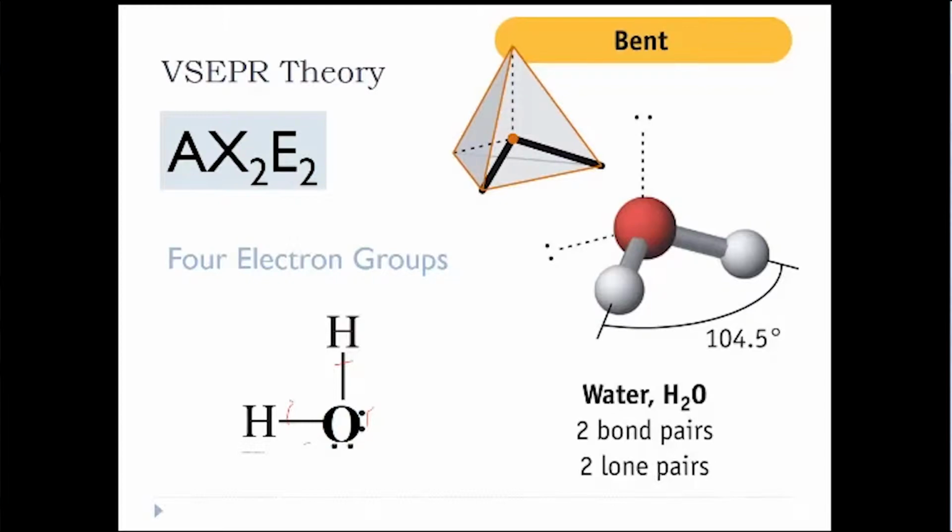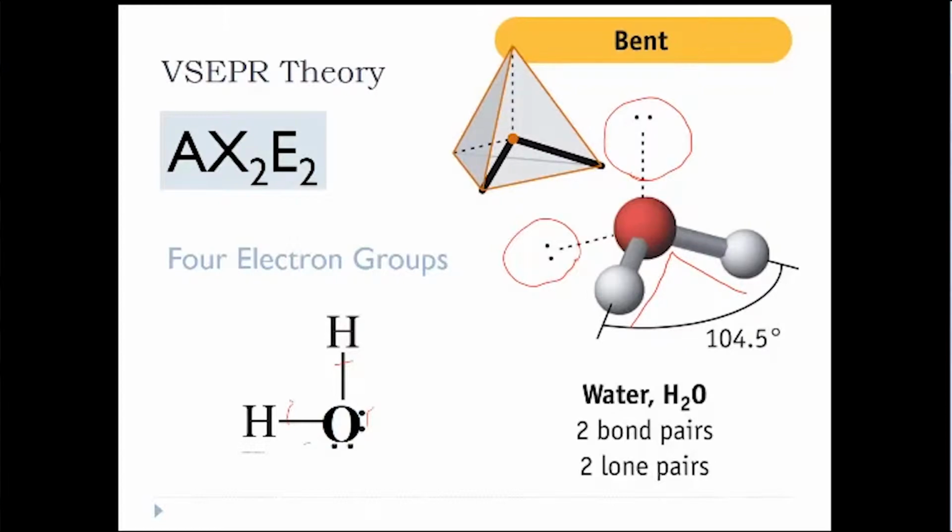Again, that's a total of 4 electron groups, so our electrons do have the tetrahedral shape, but 2 of those positions aren't seen in the geometry of the molecule because they're occupied by lone pairs. This leaves us a geometry for the water molecule that is bent.